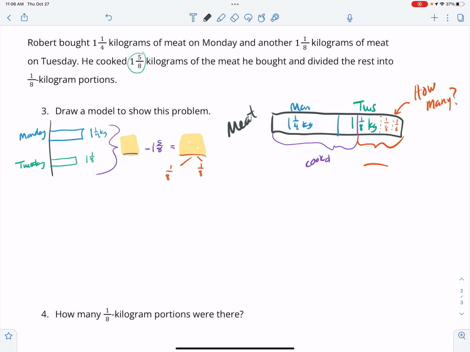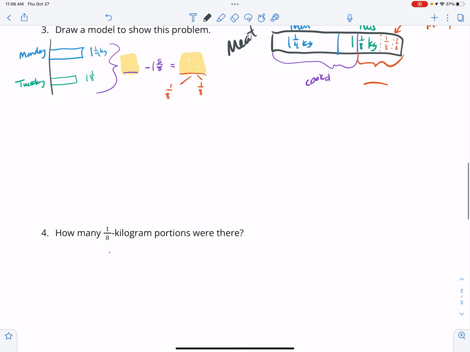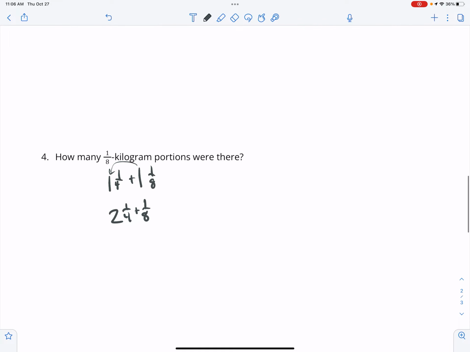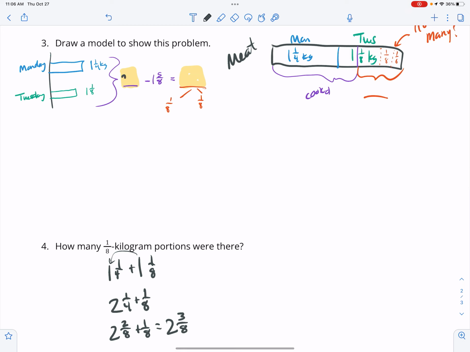So we need to add 1 1/4 plus 1 1/8, which is going to be 2 1/4 plus 1/8. I just added those whole numbers. I know 2 1/4 is equivalent to 2 2/8. Plus that 1/8, we get 2 3/8. So that's how much he has, 2 3/8.